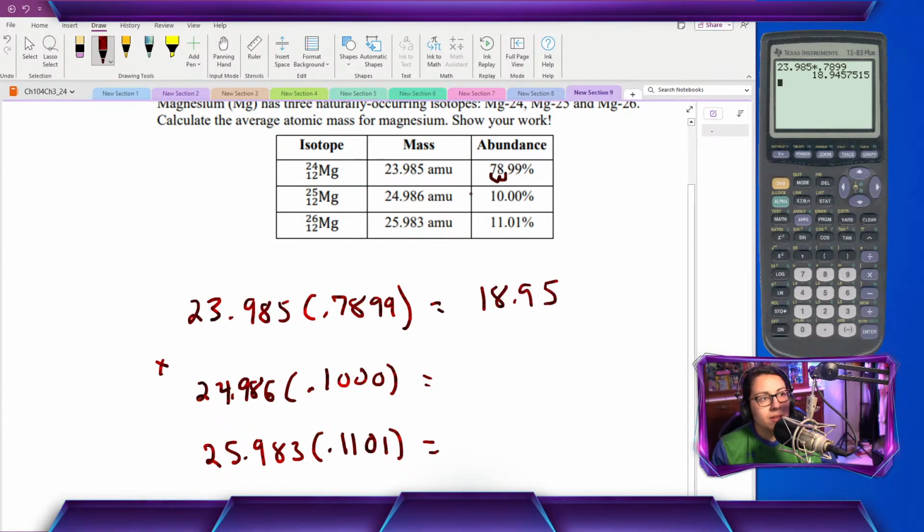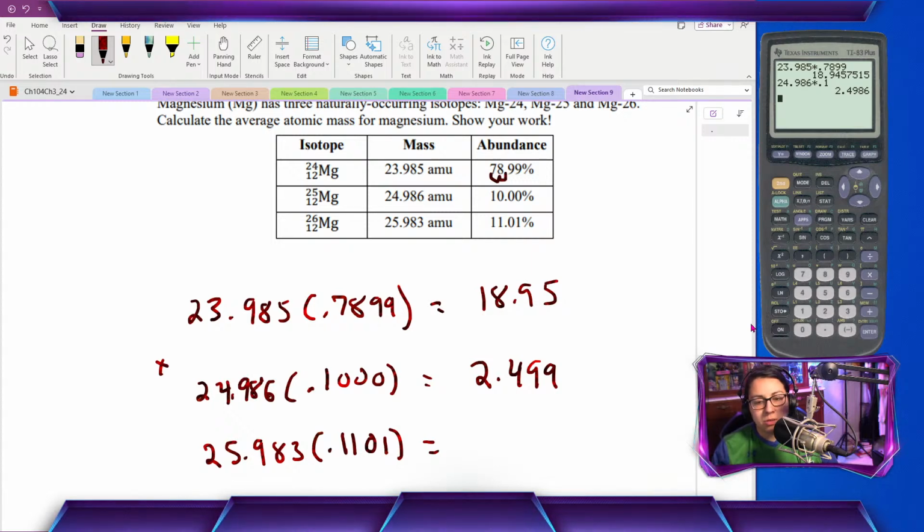Okay, let's keep going. 24.986 times 0.1. I'm not going to bother putting all the zeros in the calculator, but we know it's 4 sig figs. So 2.49, that would be 9 with rounding.